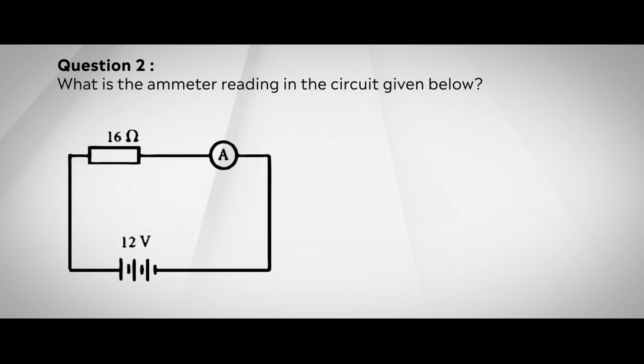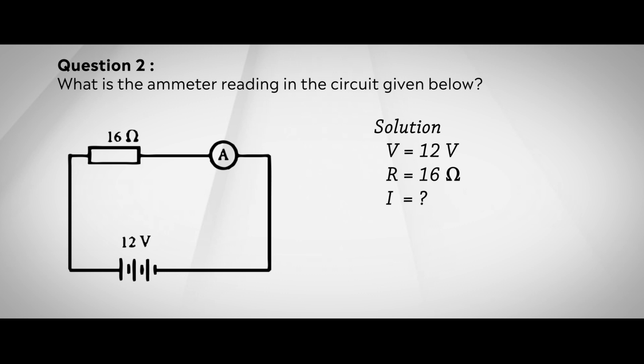Okay, let's look at question number 2. What is the ammeter reading in the circuit given below? If you look at the screen, you will see a circuit diagram. In the circuit diagram, resistance is given as 16 ohm and voltage or potential difference as 12 volt. So the ammeter reading, that is current flowing in the circuit, is not given. List the given things: voltage V is equal to 12 volt, resistance R is equal to 16 ohms, and current is not given.